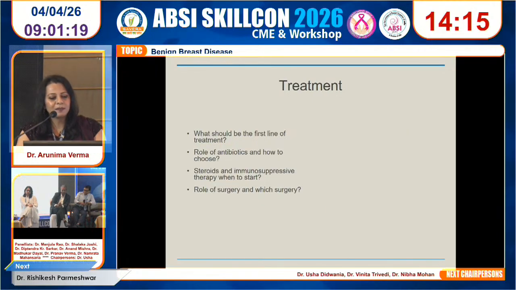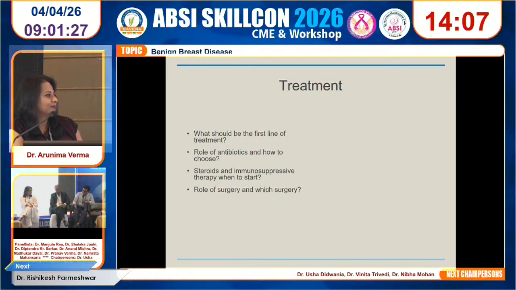So coming to treatment, Diptendra sir, what should be the first line of treatment? Well, I have developed my own algorithm depending on the publication that I had. Now it's very clear, if you have a patient presenting with a lump only, and you have proven it, there is no sign of inflammation, it's a small unifocal lump without skin involvement, don't do anything, just observe.